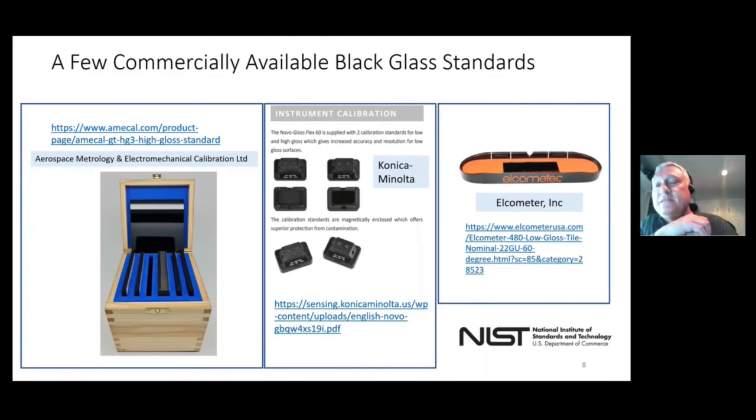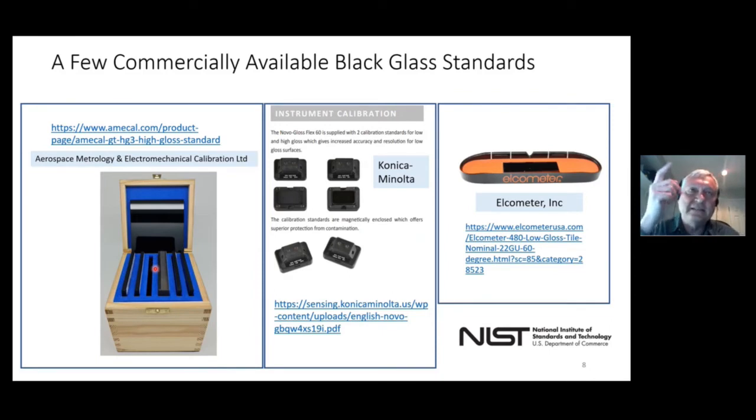Before continuing, here are a few black glass standards that are available for purchase. They can take many forms, probably a shape matched to the measuring port of the associated instrument. On the left here, an example of a black glass available from Aerospace Metrology and Electromechanical Calibration in the UK. This looks to me to be a square of about 100 by 100 millimeters.